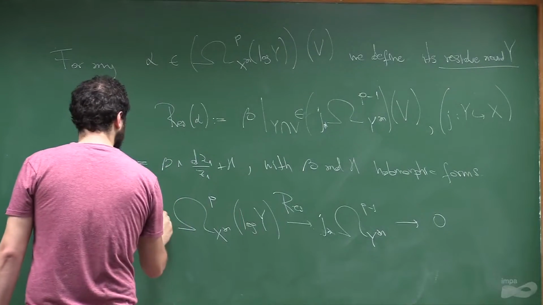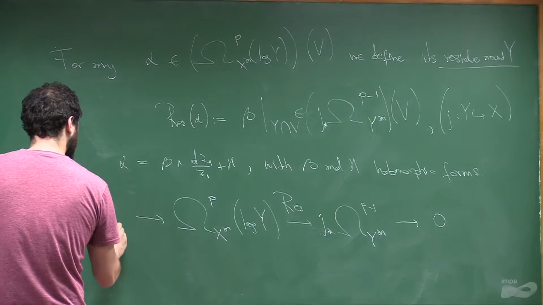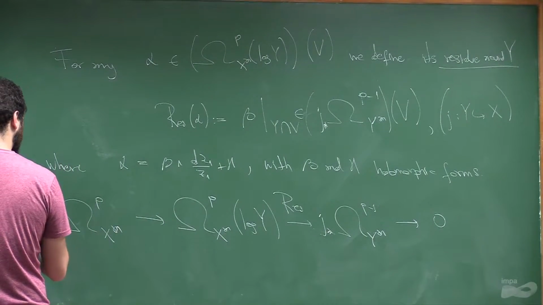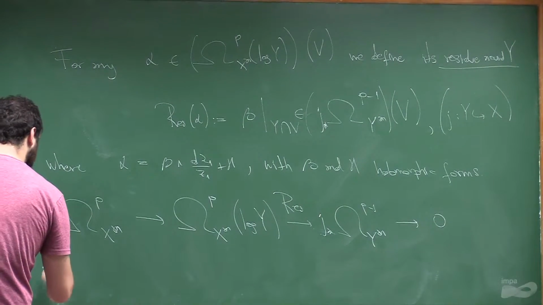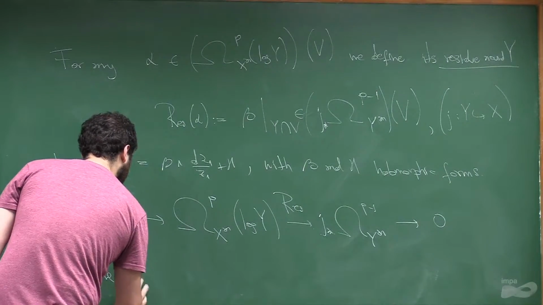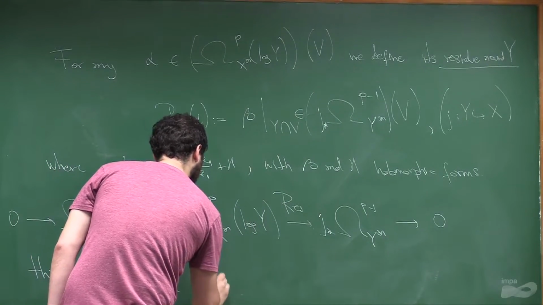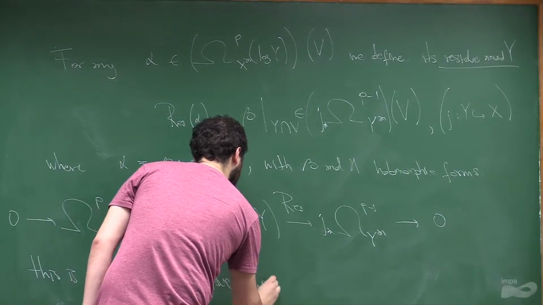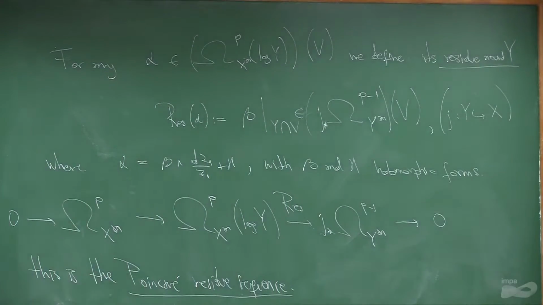And its kernel is just the space of holomorphic differential forms, right? And so we have this. So this is the Poincaré residue sequence. Okay, so this is an exact sequence. Well, this is not hard to see.